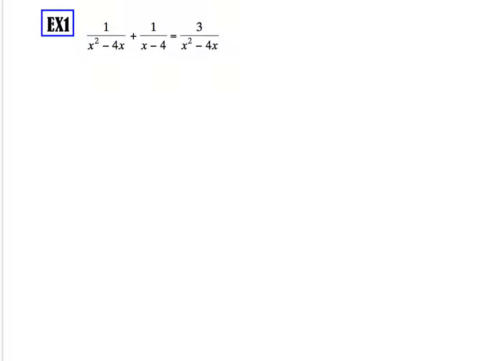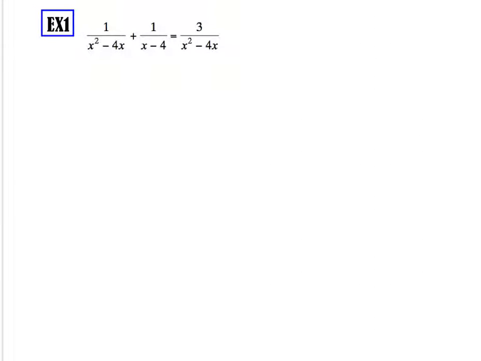All right, so this first one is 1 over x squared minus 4x plus 1 over x minus 4 equals 3 over x squared minus 4x. So my first question is, what is the common denominator? When I look at this, I have an x squared minus 4x here and an x squared minus 4x here, but this is just a regular old x minus 4.